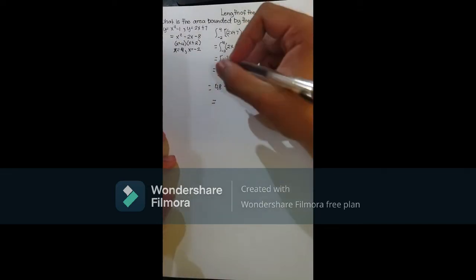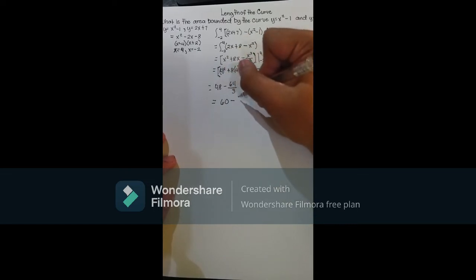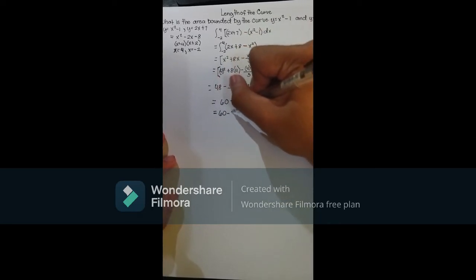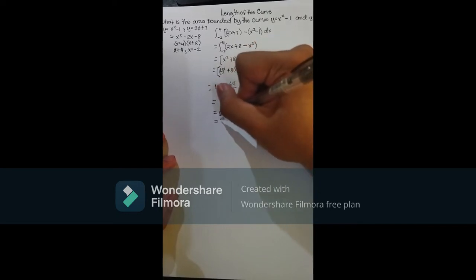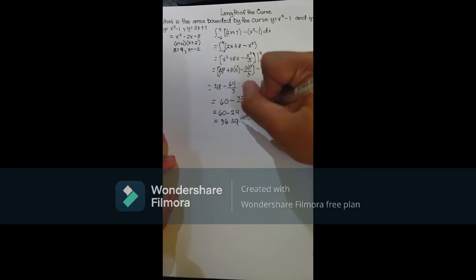So the answer is 60 minus 72 over 3, which equals 60 minus 24, and the final answer is 36 square units.